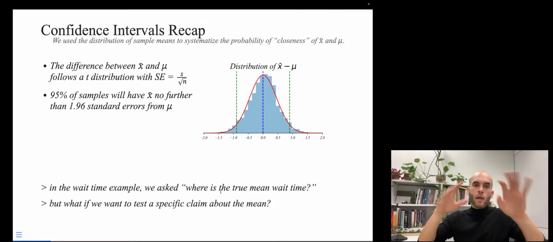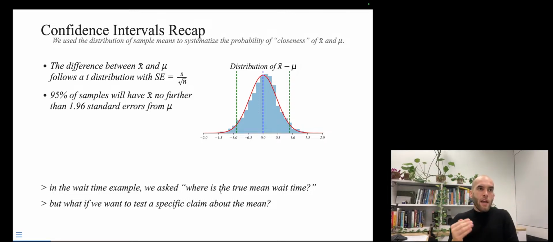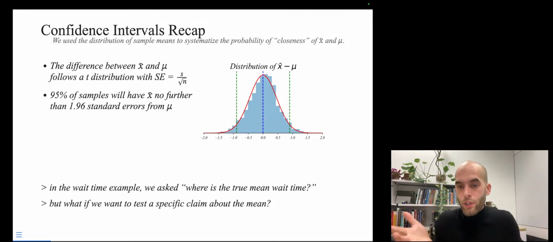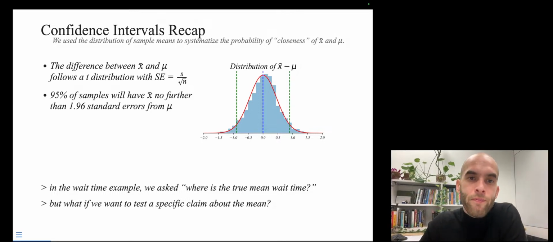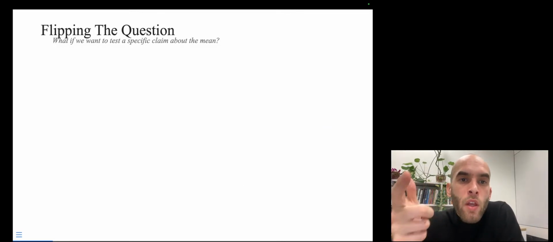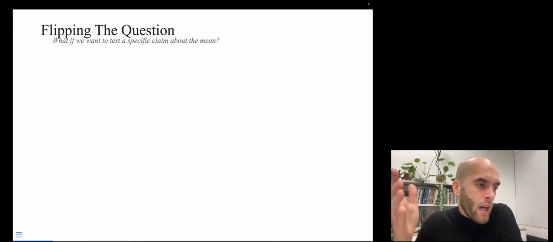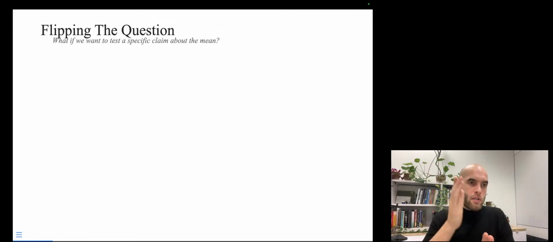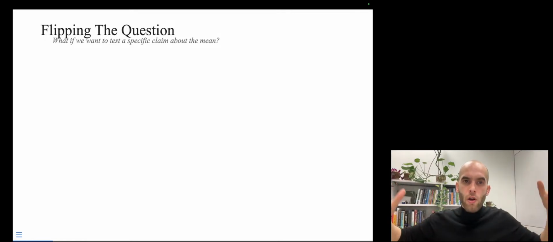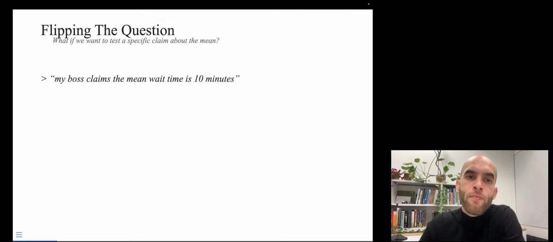But what we're trying to do with hypothesis testing, and essentially what we do in practice in general, is try to make specific claims. So we try to test a specific claim about the truth. In the past, what we've done is we've looked at a specific sample, and then we've checked how far away it is, or what the probability of extreme events is.